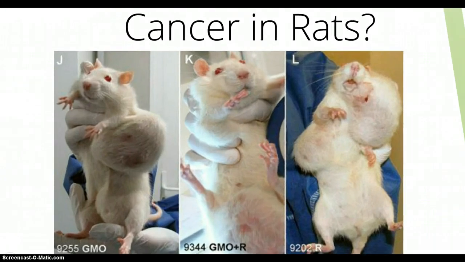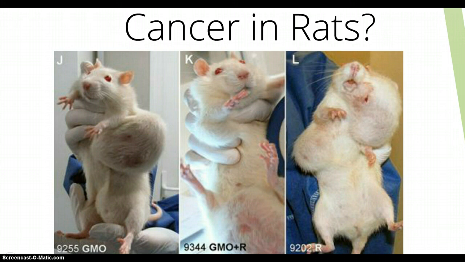And one of these health effects that people are worried about is cancer, because there was a French study that found cancer in rats that ate a genetically modified diet of corn. And the researcher, Gilles Eric Seralini, is a molecular biologist who published a study this year. And he did an experiment where scientists fed 18 different groups of rats various concentrations of genetically engineered corn or the herbicide Roundup.